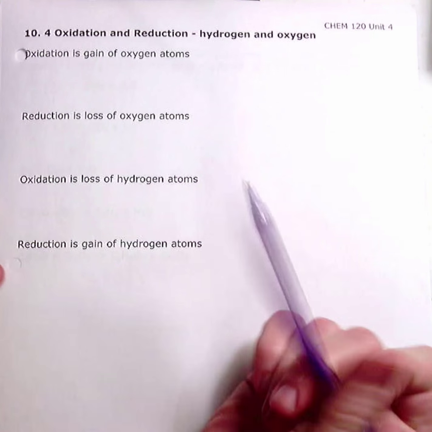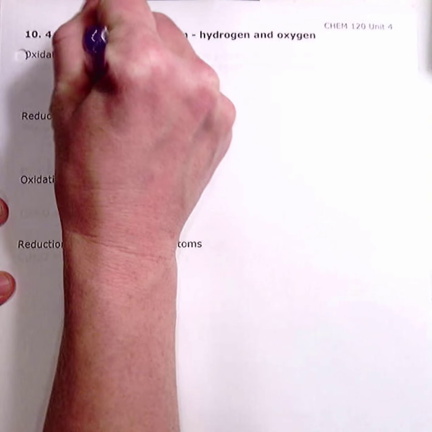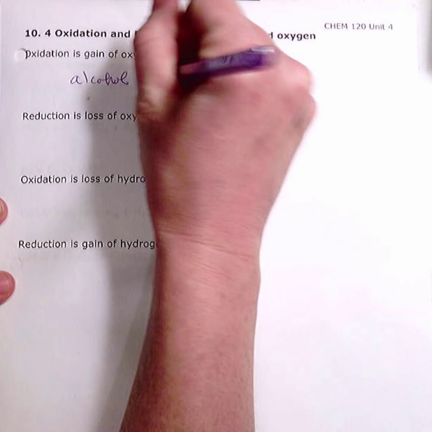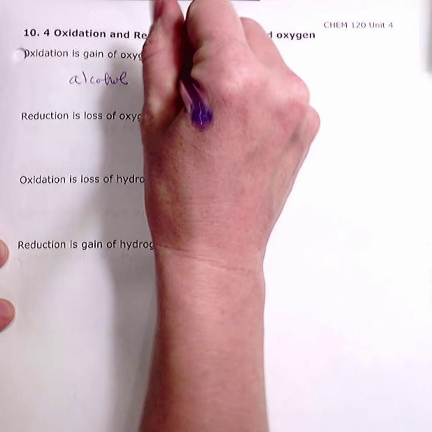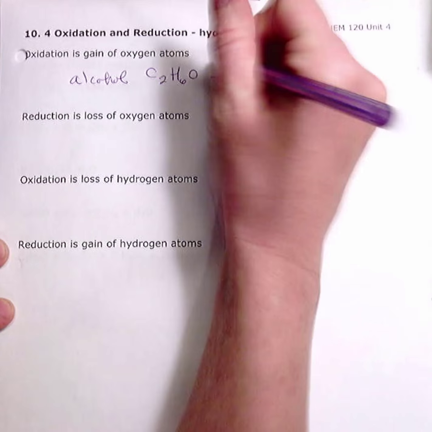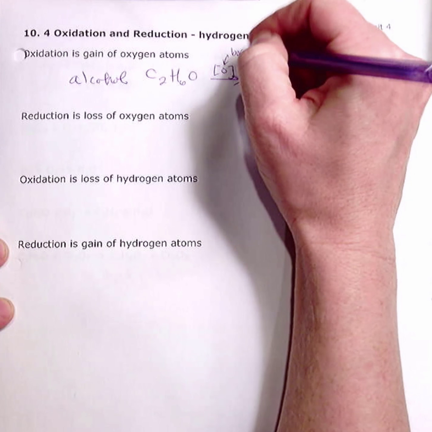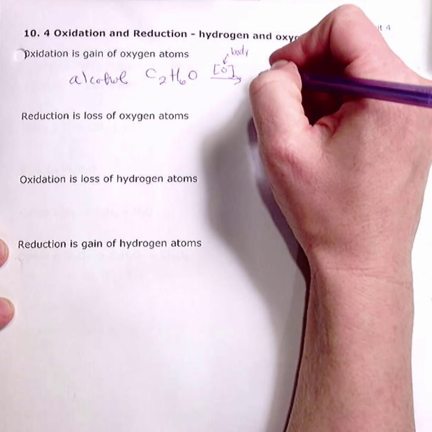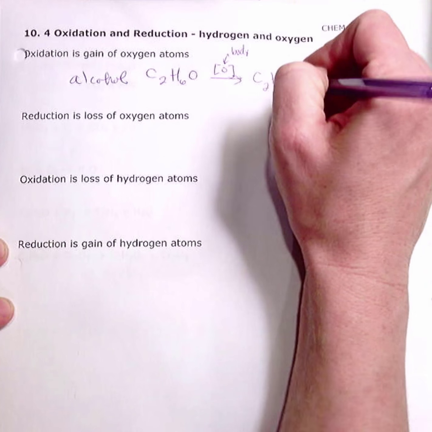So for example, the oxidation of alcohol in your body. Alcohol is C2H6O. When it gets oxidized in your body, you get C2H6O2.